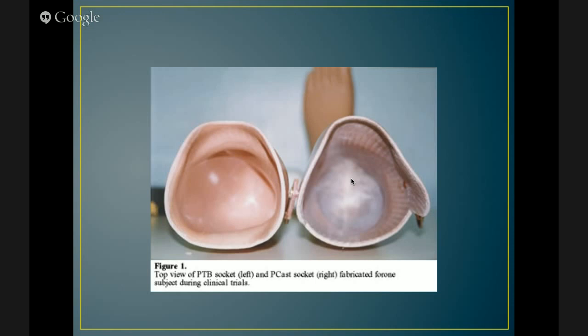Actually, from the literature, at least from what I've seen in the one textbook I actually read about this, comfort-wise, it's fairly similar. Anecdotally, what I've seen here is that the prosthetists are much more comfortable with the patellar tendon bearing design. The casting process is somewhat different.